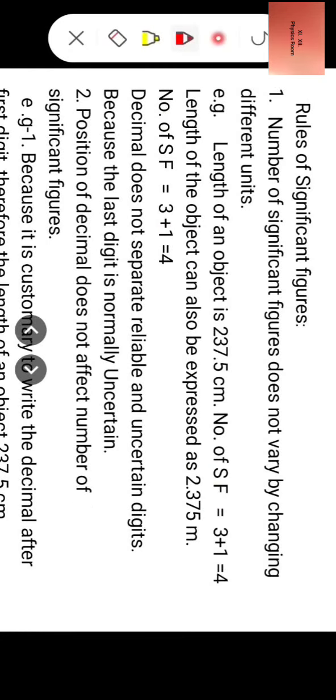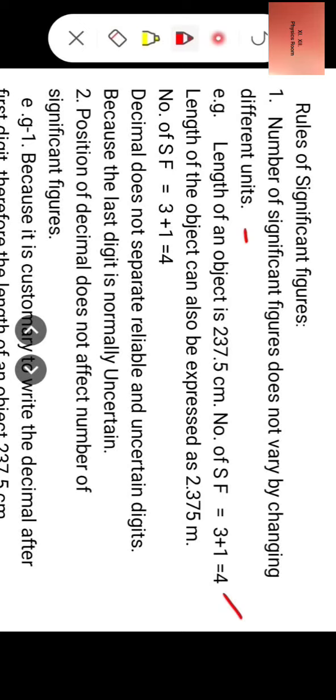And now rules of significant figures. First rule, the number of significant figures does not vary by changing different units. For example, length of an object is 237.5 centimeter in CGS system. Number of significant figures is 4, that is 3 reliable plus 1 uncertain.